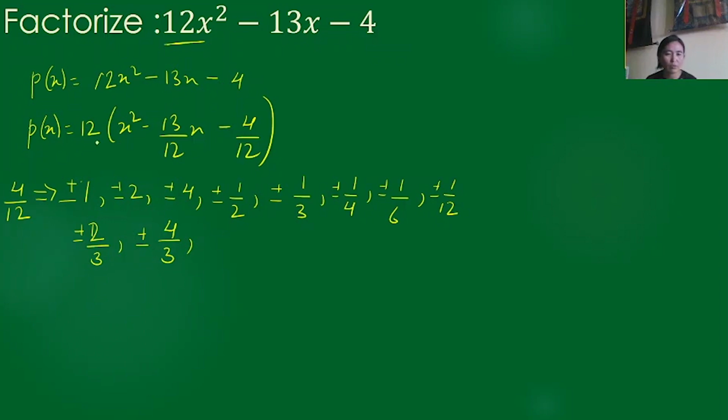Now by looking at the question, you can see that we have a denominator 12 in the middle term and the constant term. So we'll take the values from the fractions.